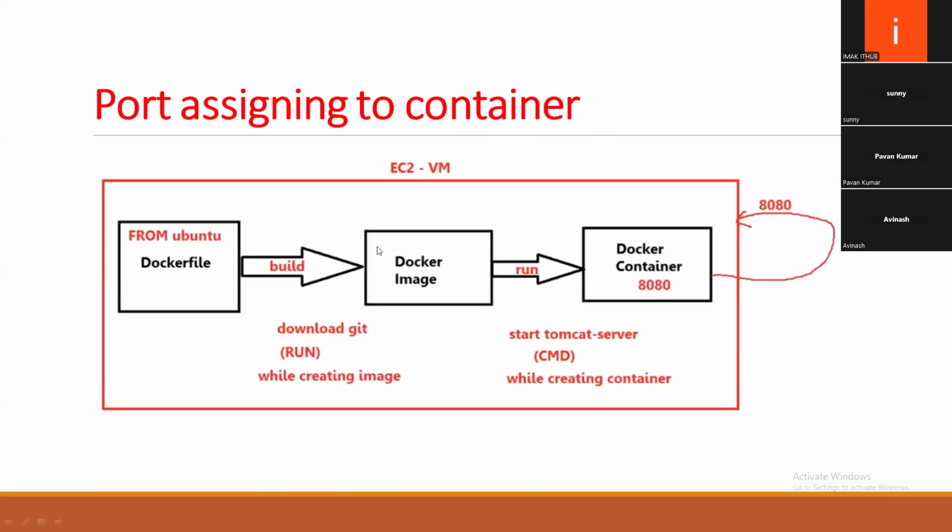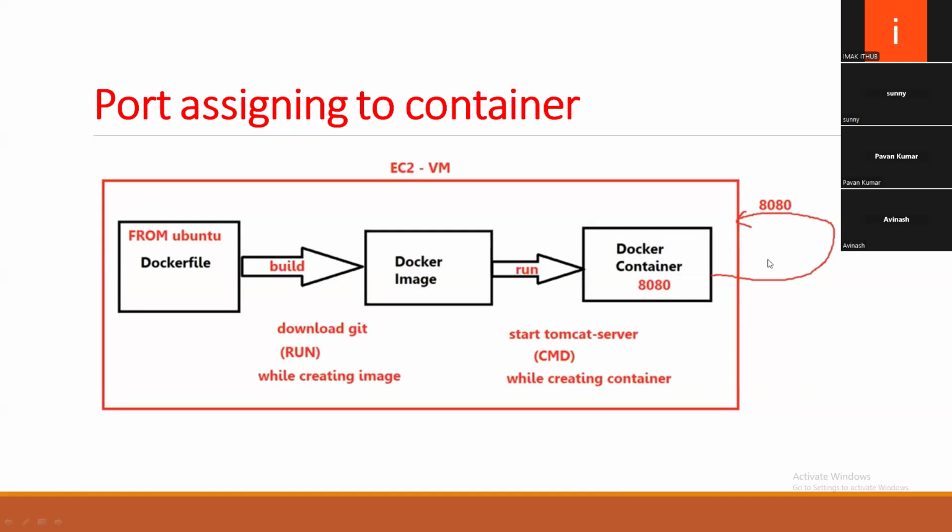Now, port assigning to the container. This is an EC2 VM, an EC2 instance. If an end user wants to connect to the container, before connecting to the container, we need to enter into the VM first, then we can enter into the container. The container is deploying a Tomcat application, and we want to hit that application.